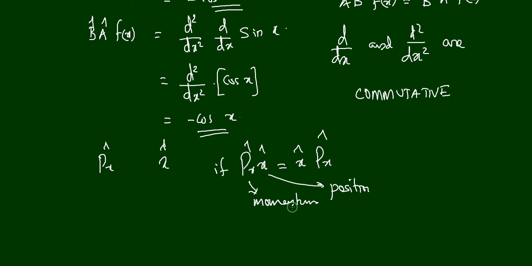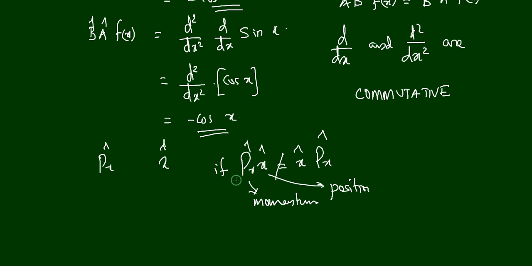But we know from the uncertainty principle that position and momentum cannot be precisely and simultaneously measured. So this is not a possibility. px cap x cap will not be equal to x cap px cap. So they will be non-commuting operators.